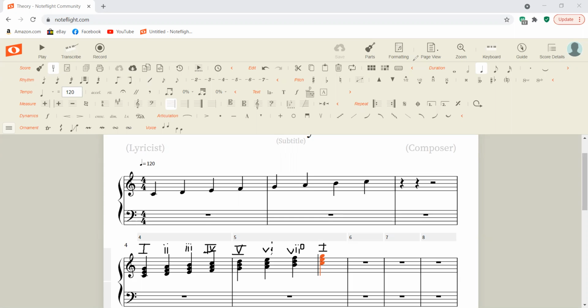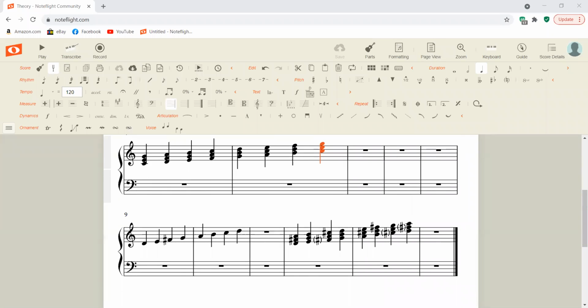Now, I've just done it in C major, but of course, we can't only have triads on C major. These triads appear in the same pattern in any other scale. So, for example, D major. And so this is C sharp.